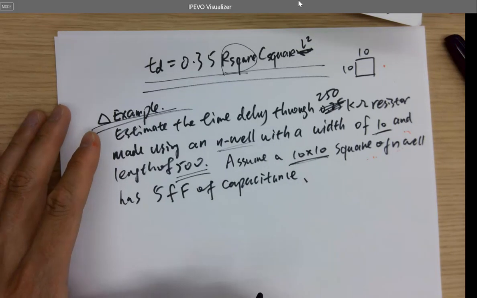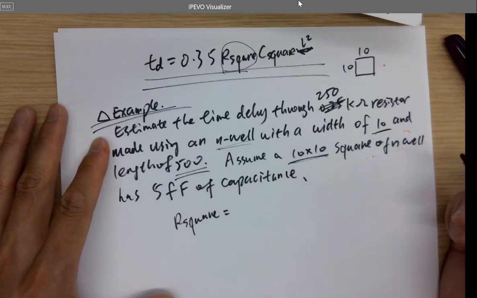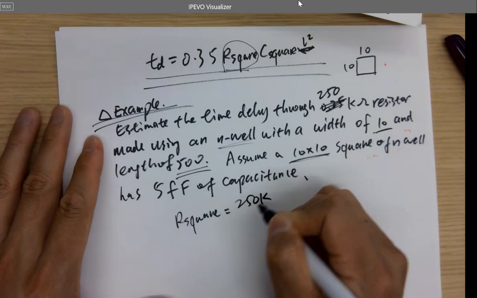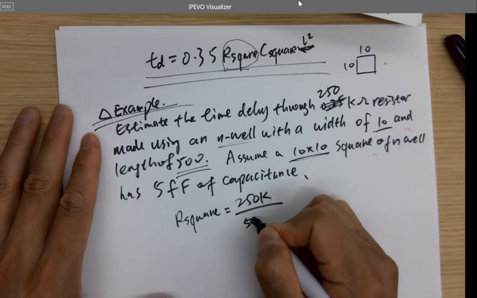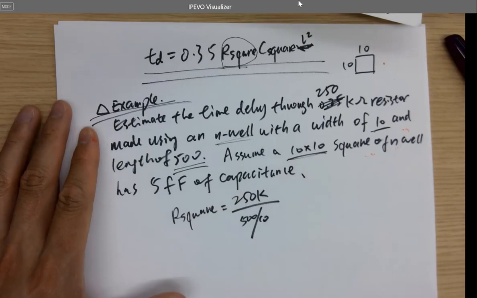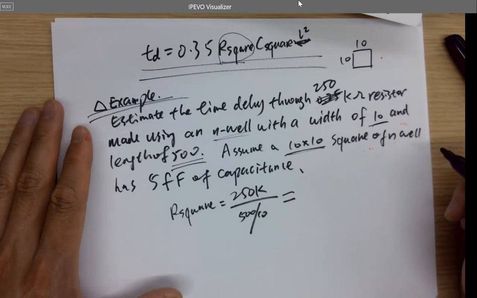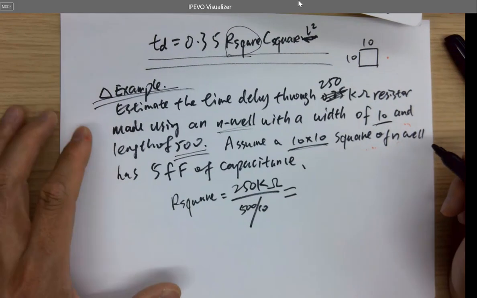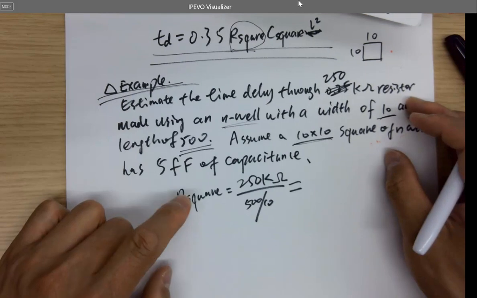And what's the resistance for 50 squares being put together? What's the resistance? Over what? This is what? R square, or the sheet resistance.